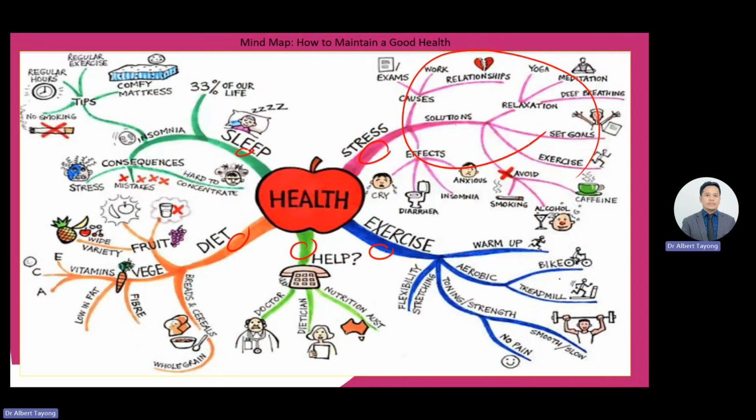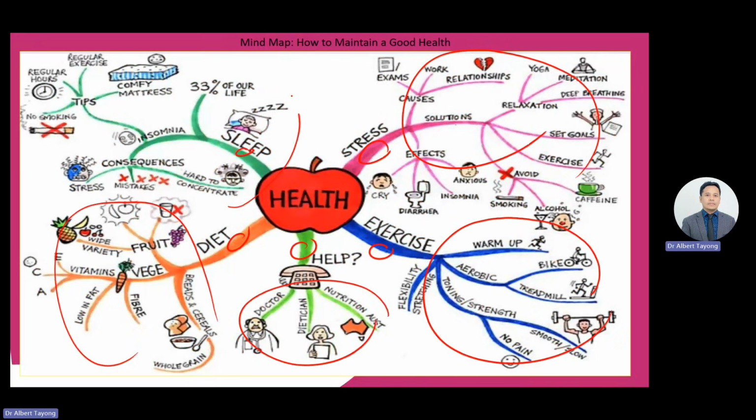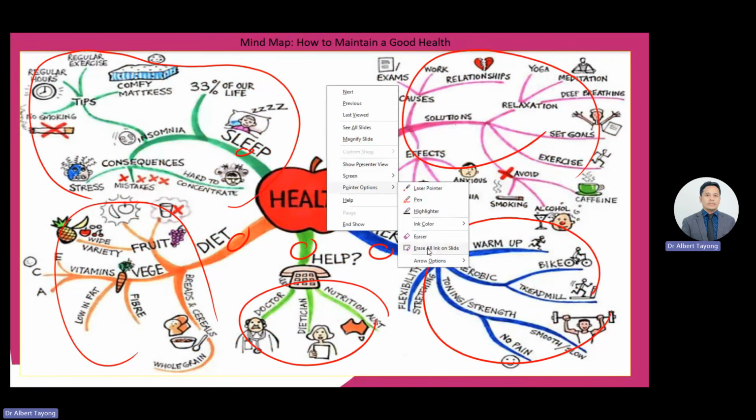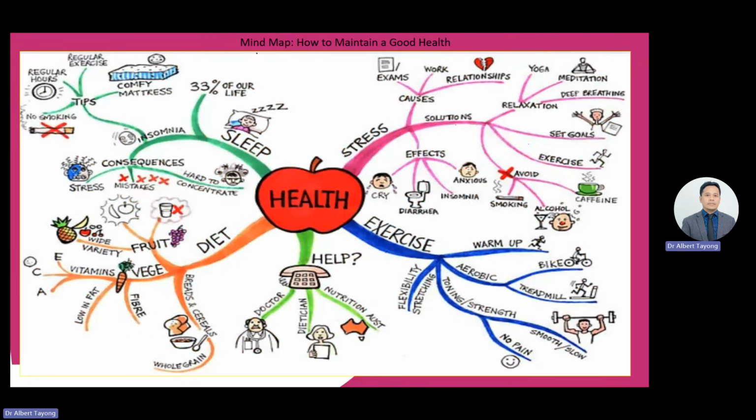And these are sub branches, which are really very creative, less text, more on drawings. So in reality, when we draw a mind map, it should be very creative where we have less words, less text, and more on figures or drawing.